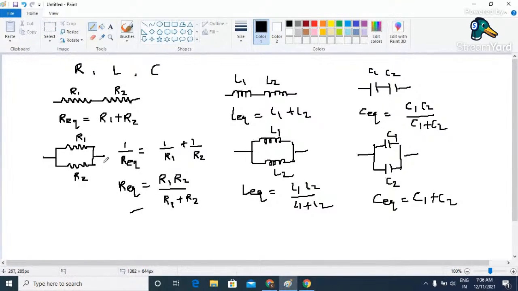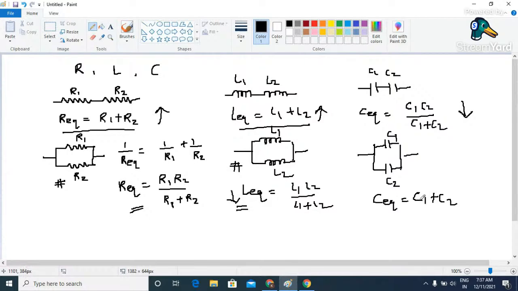So from this, what we conclude: when the resistors and the inductors are connected in series configuration, the net effective resistance or the net effective inductance is going to increase because they are straight away adding. Whereas if the capacitors are connected in series configuration, the net effective capacitance is going to be reduced. In the same way, if two or more resistors or inductors are connected in parallel, the net equivalent resistance or inductance is going to be reduced.